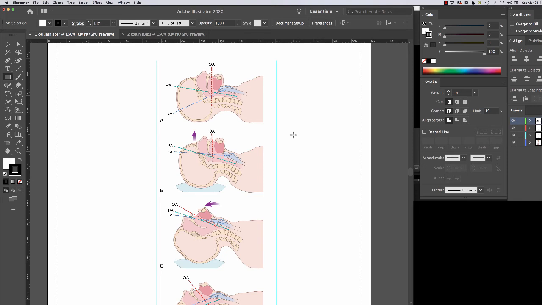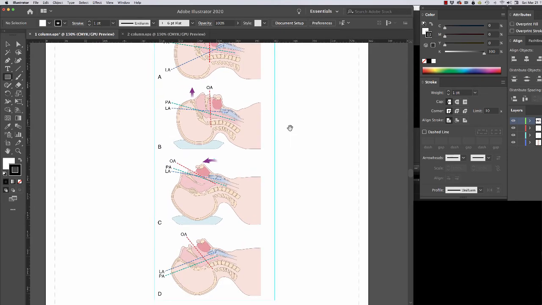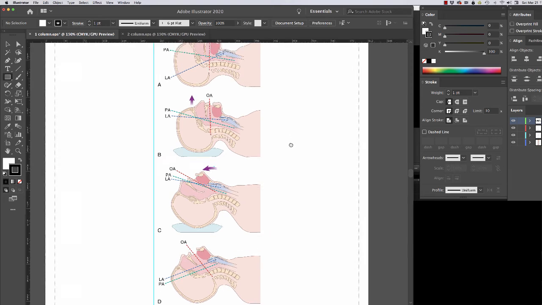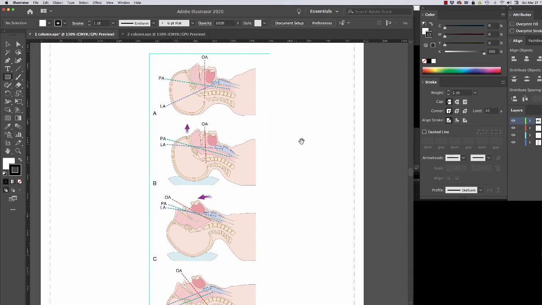And it's talking about different angles between different structures in the head that anesthesiologists need to be familiar with in order to properly insert the endotracheal tube. But the important point here is to see that there's a very faint light blue box, or sort of turquoise box, that I've drawn around these shapes, and that represents the width of my one column in this printed book.